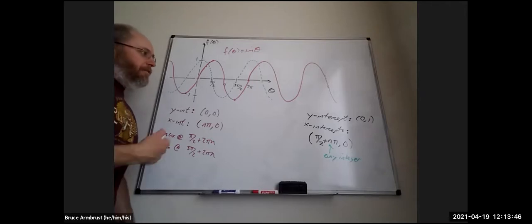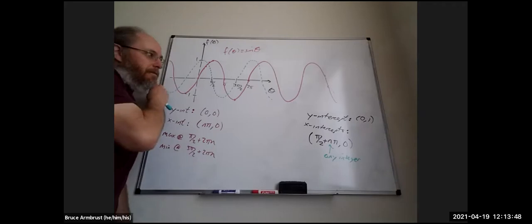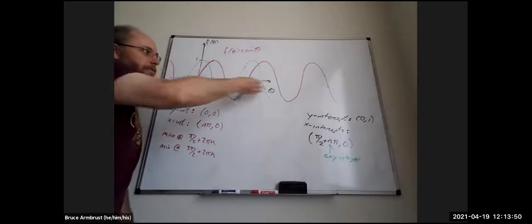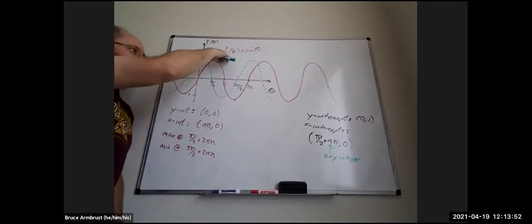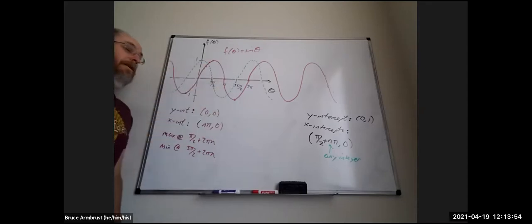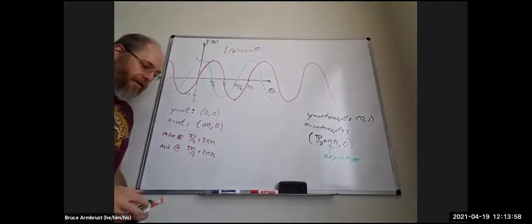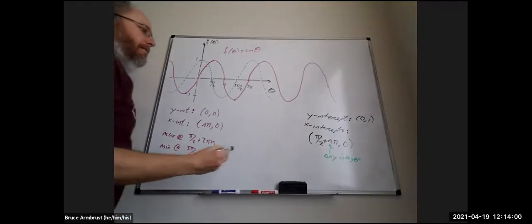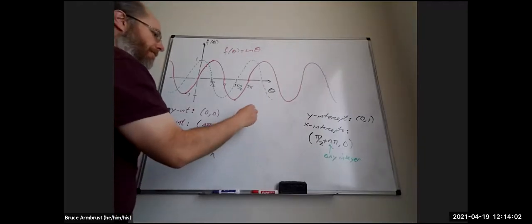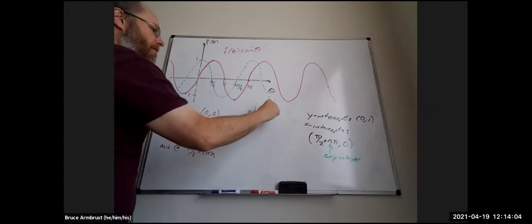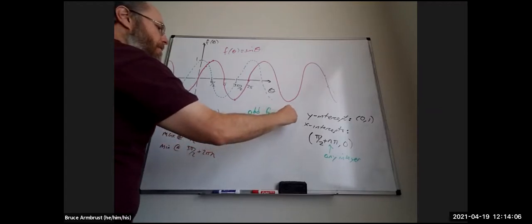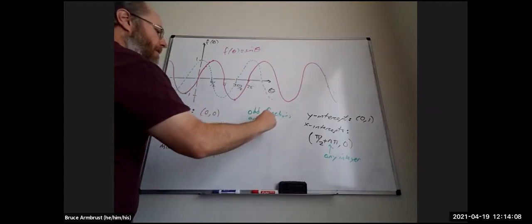You can see the domain and range again. The domain is everything. This extends forever left and right. The range, we're trapped between plus and minus 1. And you can also see the oddness. With the symmetry, odd functions are symmetric about the origin.